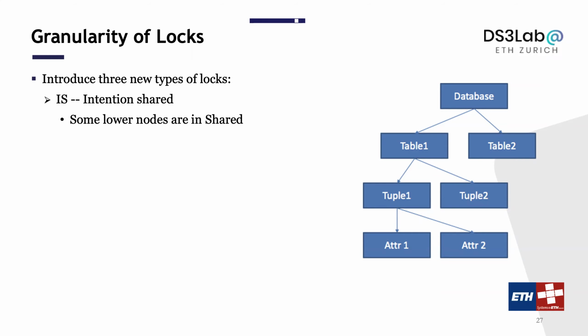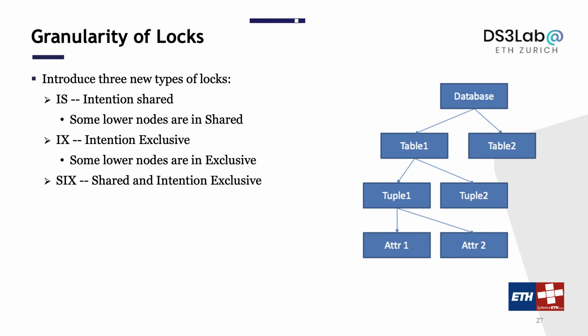If I'm holding this lock, for example, on table 1, it means that some lower nodes are in shared mode. I have another type of lock, the intention exclusive lock. If, for example, table 1 has this lock, it means that some lower nodes are in exclusive mode.